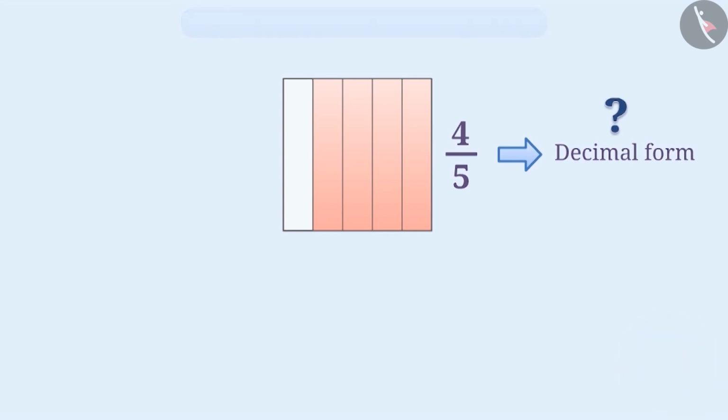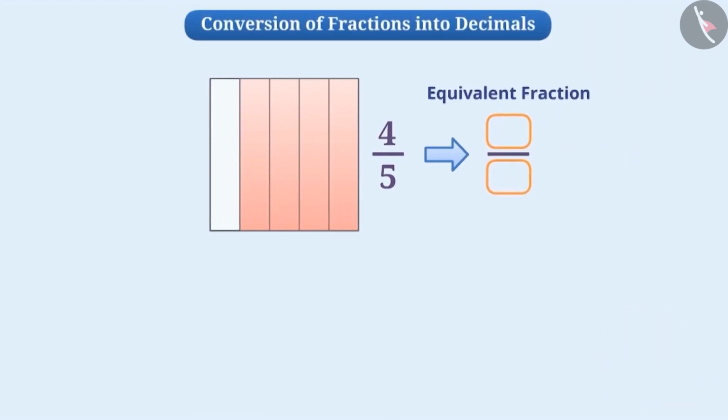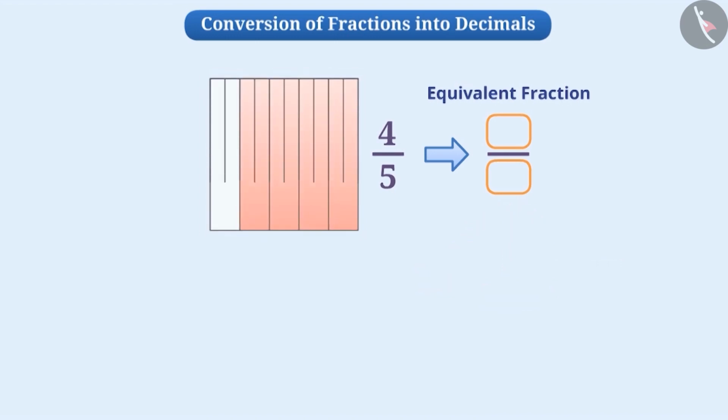Let me tell you. To represent any fraction in decimal form, we need to find its equivalent fraction whose denominator must be a number like 10, 100, 1000, etc. To find the equivalent fraction of 4 by 5, we will divide each part of the square into 2 equal parts. Thus, we will get a total of 10 equal parts.